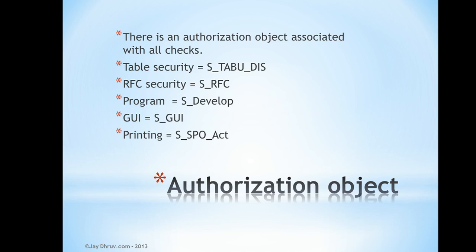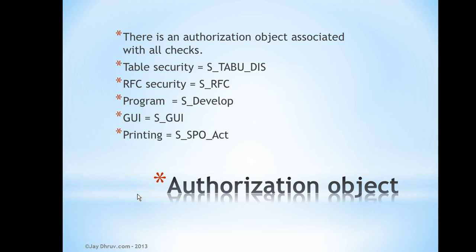Examples of authorization object are given on the screen. So the table security is controlled by authorization object called S_TABU_DIS. Then remote function call security, which is another critical security component, is controlled by S_RFC.